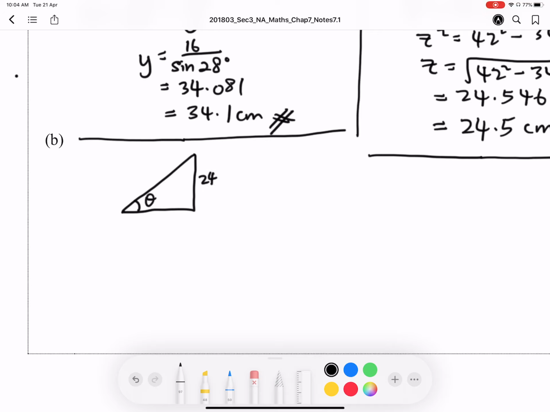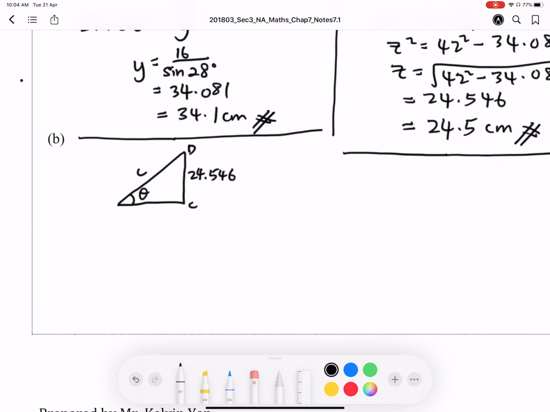On this portion here, we have CD, which was obtained as 24.546, and here we have 42. From the theta point of view, we need to find theta. So 24.546 is opposite, and 42 is the hypotenuse. So this is using SOH, because we have opposite and hypotenuse.